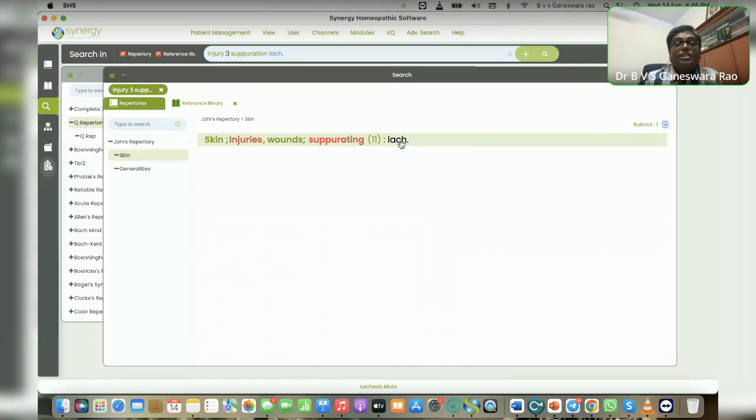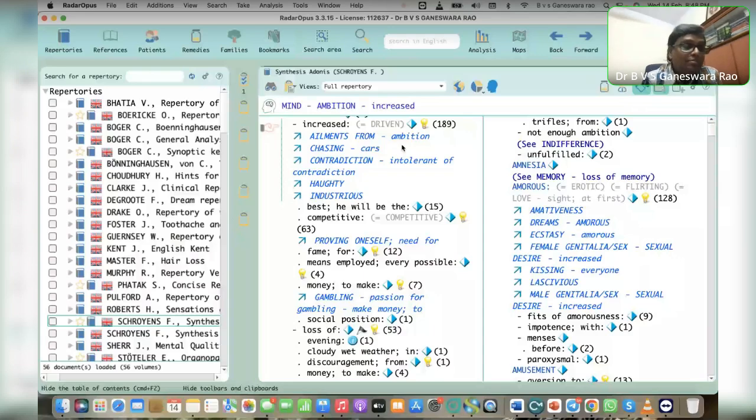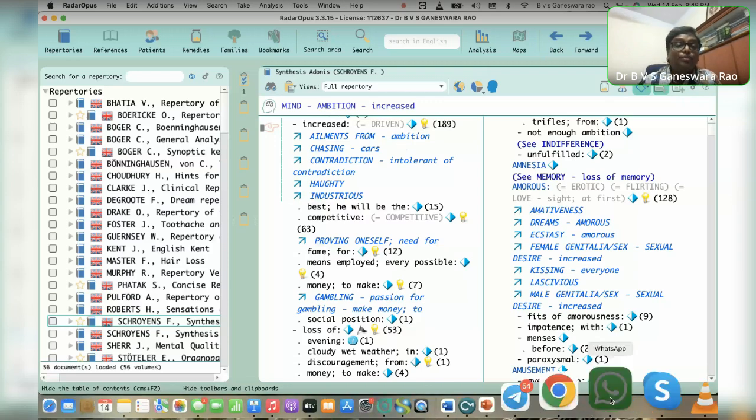Only one dose I prescribed. I never imagined, actually, in my 30 years of practice, I never prescribed lachesis for an injury patient, especially suppurative cases like this. So in a span of 36 hours, the total injury got dissolved. Let me see whether I can show.